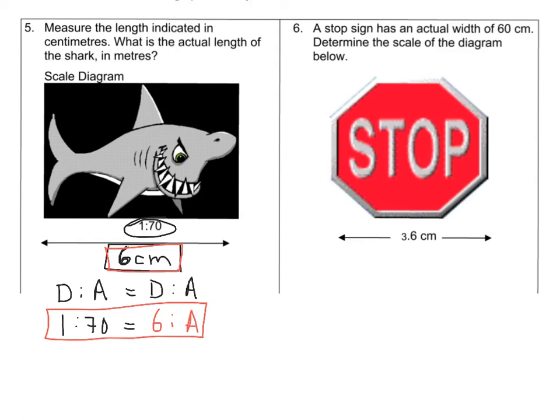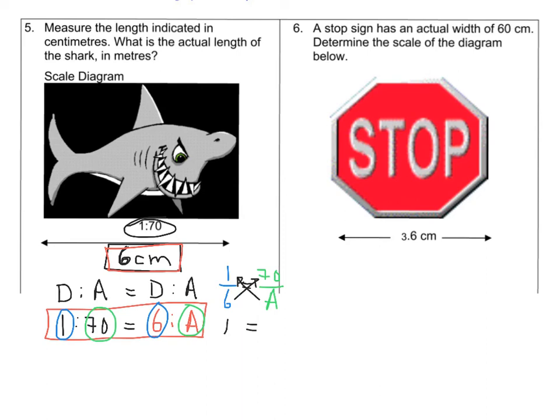Setting this up, I'm going to set this up like I normally do. The first number over the first number. So 1 over 6 is going to be equal to, and I will write the second number over the second number. 70 over A. Cross multiplying these, I will get A times 1.